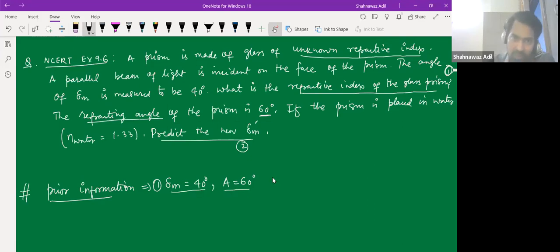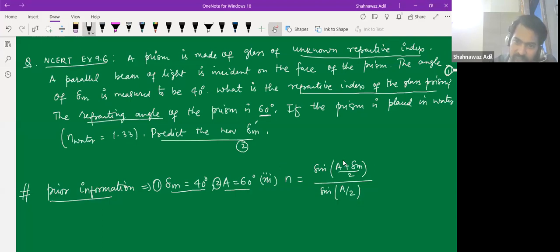And we know that this prism is kept in the air. So another prior information that we have is the refractive index. This is sine of (A plus delta M) by 2 divided by sine of A by 2. This is the thing that we know.